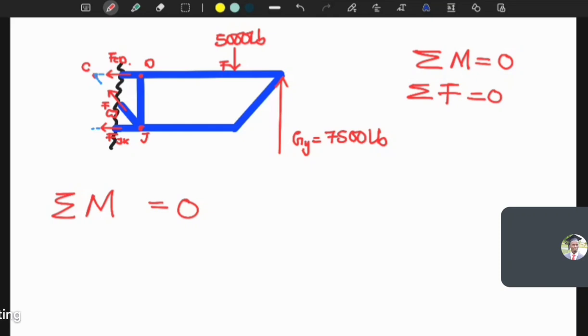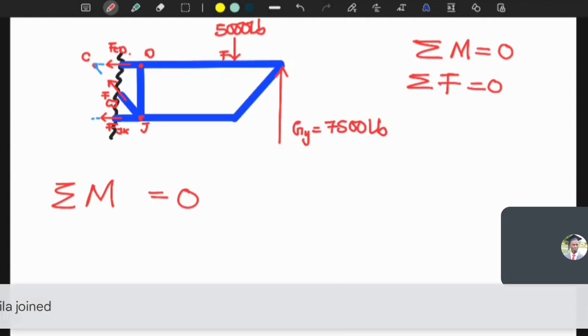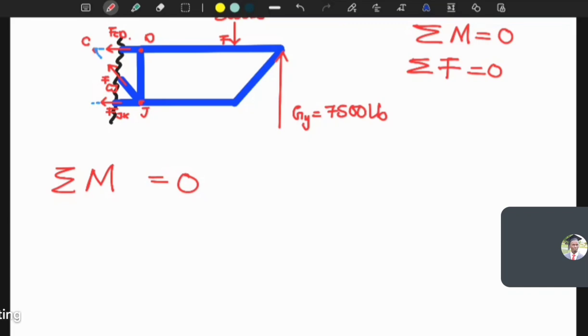So we want to evaluate moments about a specific point that makes our work much easier to do. The first one that we can do is sum of moments about point J. That is going to work. Or we can start with sum of moments about point C. So let's start with sum of moments about point C.